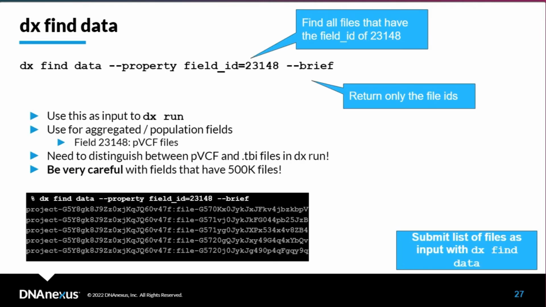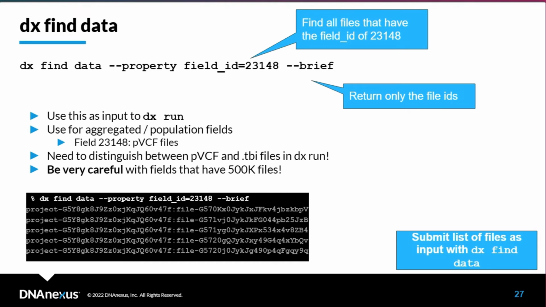So I want to talk a little bit about dx find data. This is probably one of the power tools on the platform. Here I'm showing you how to find all of the files that are associated with a particular field ID.